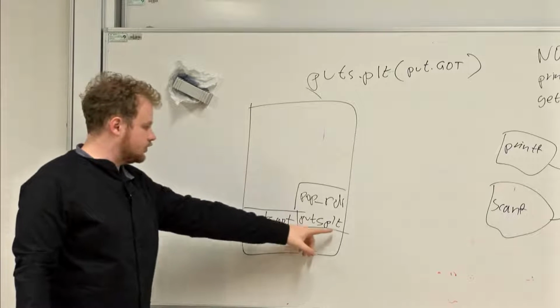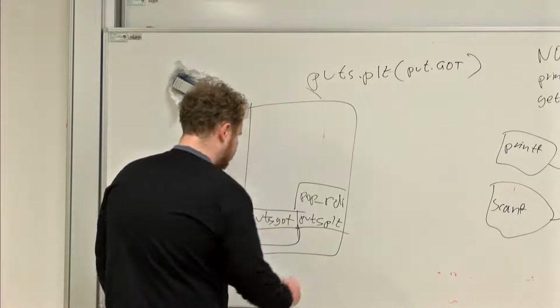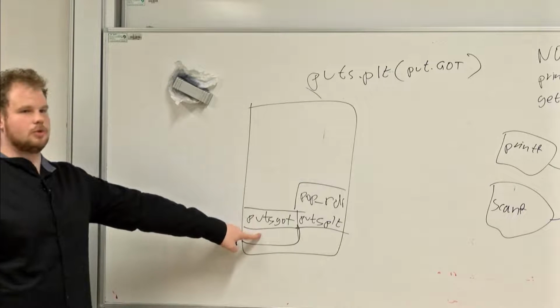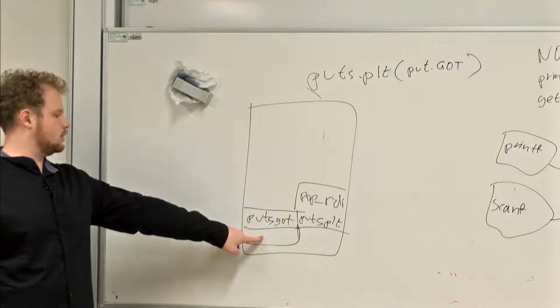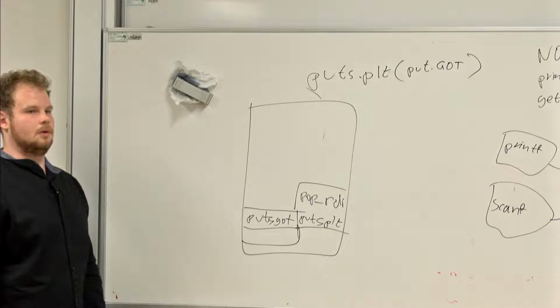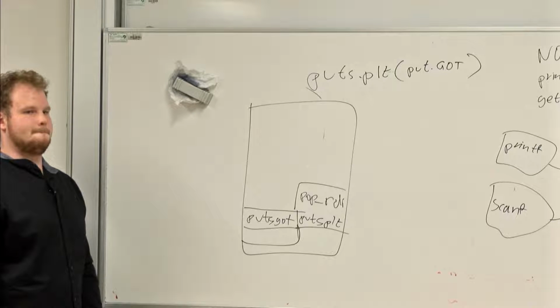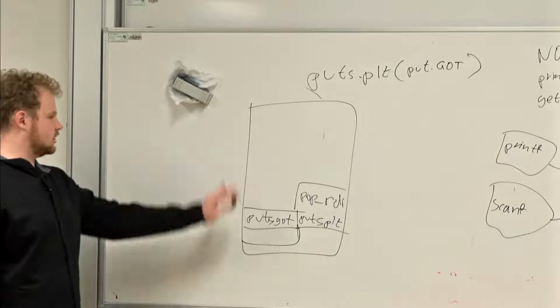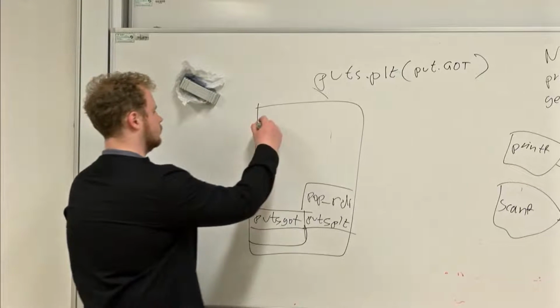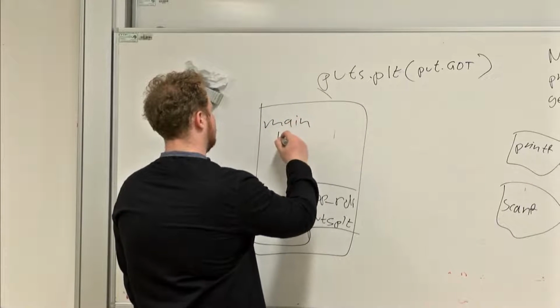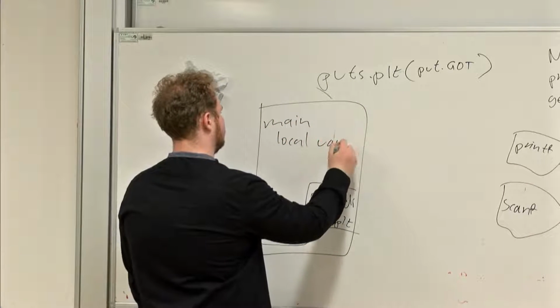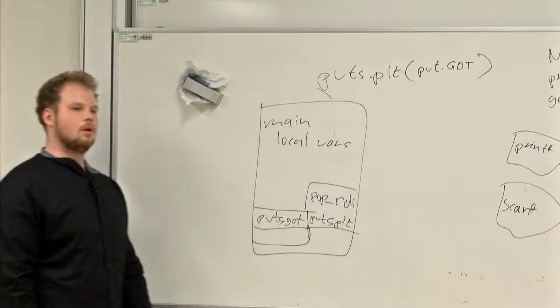But right after puts finishes, what's here? This is the next address the program will jump to. What's here? This is a stack. So main local vars. It's a main stack.